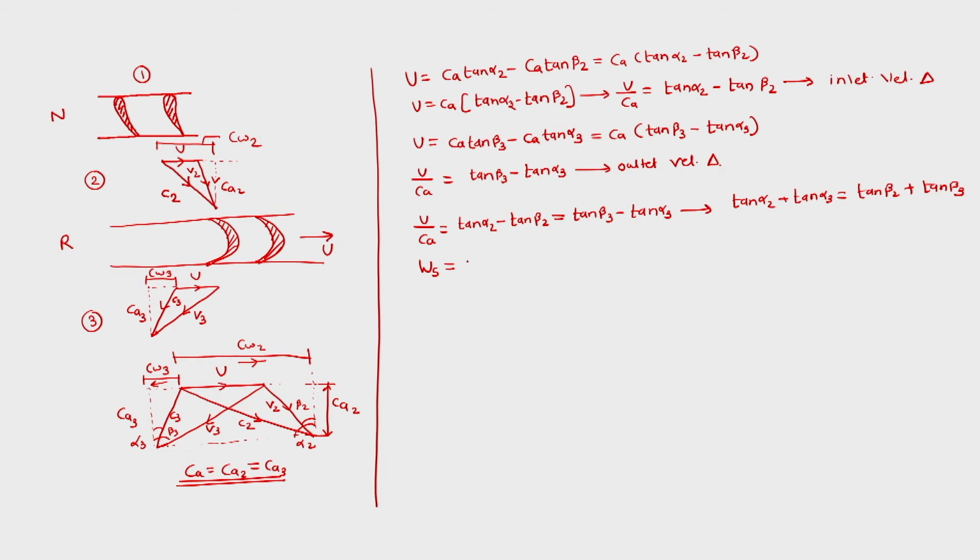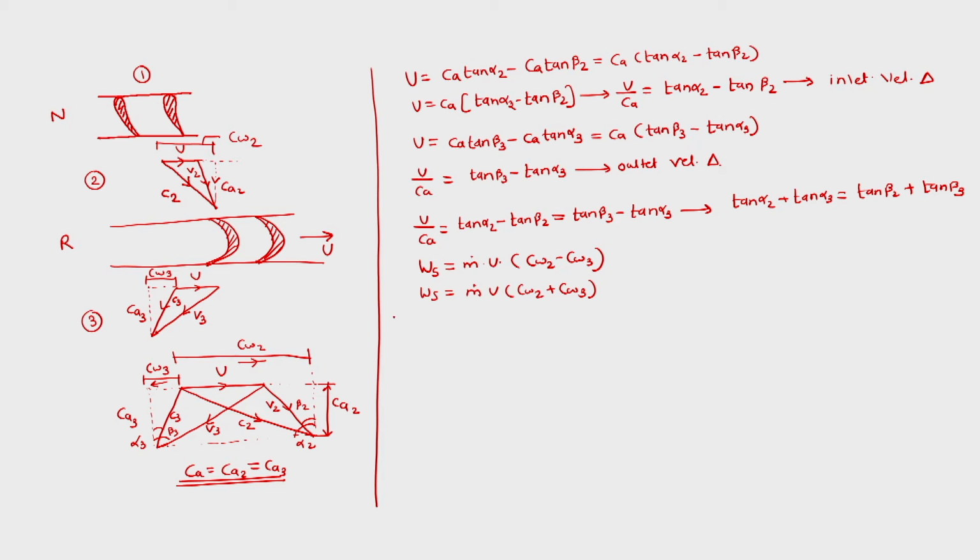So W is equal to m dot into U into Cw2 minus Cw3. This is the stage work for the turbine, but here we can see that Cw2 and Cw3 are in opposite directions. So we have m dot into U into Cw2 plus Cw3. So this is in general.